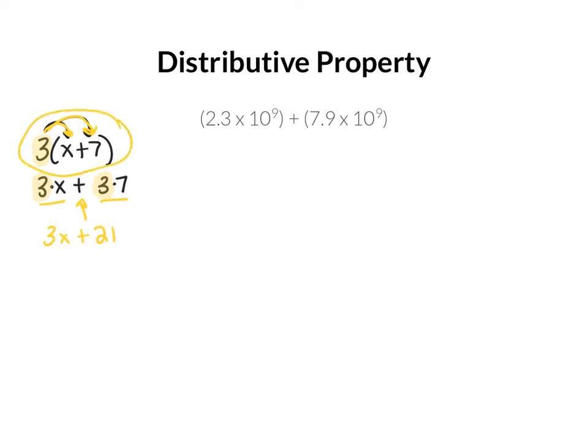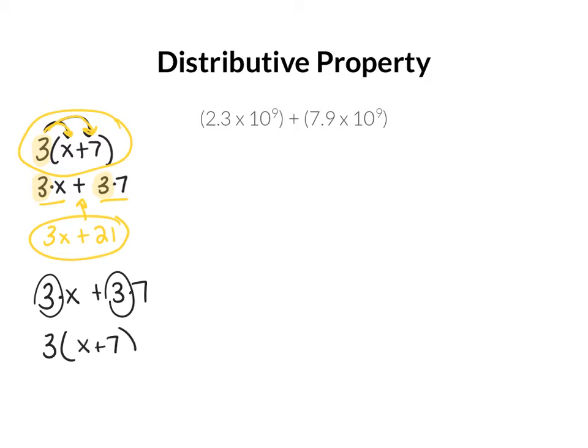So this is equivalent to this. The distributive property also teaches us that we can factor numbers. For example, if we started with 3x plus 3 times 7, we could pull out that common factor of 3 and multiply it by the sum of x and 7. This strategy is what we're going to use in our scientific notation problems.